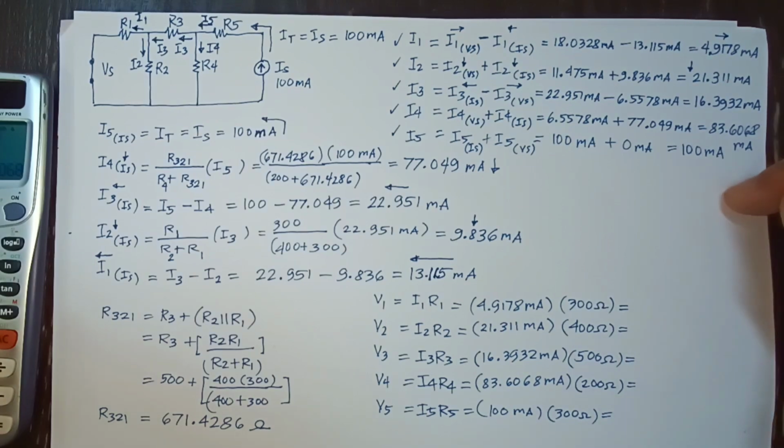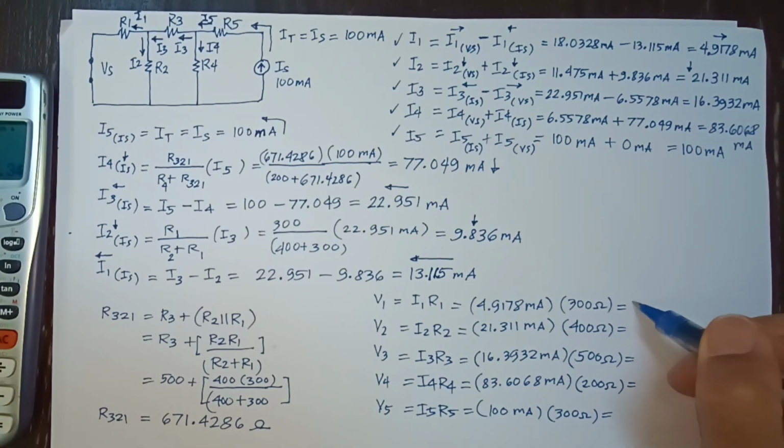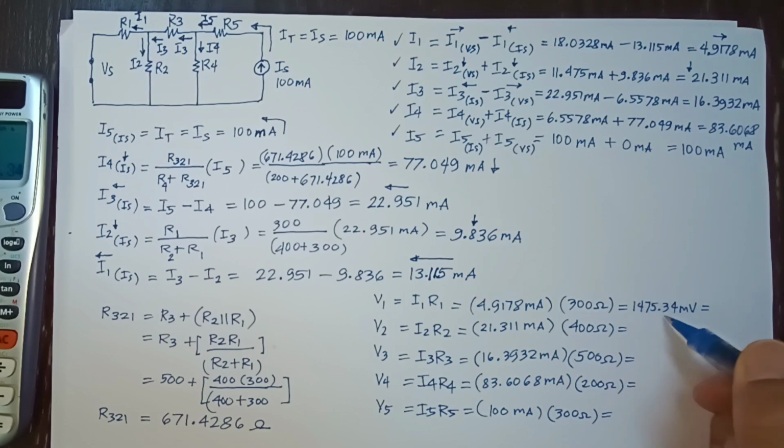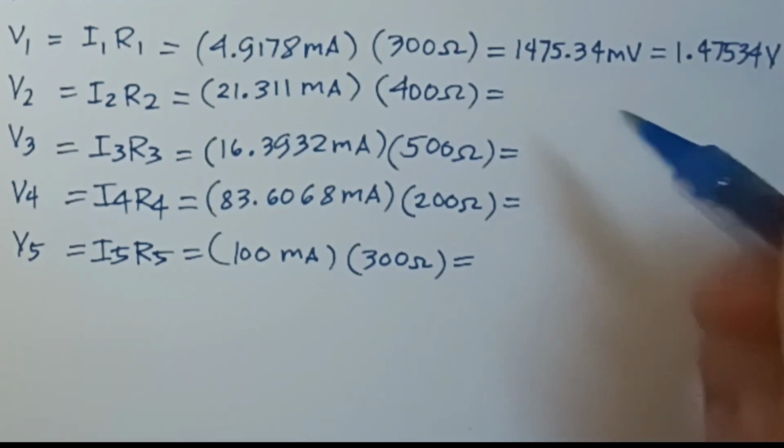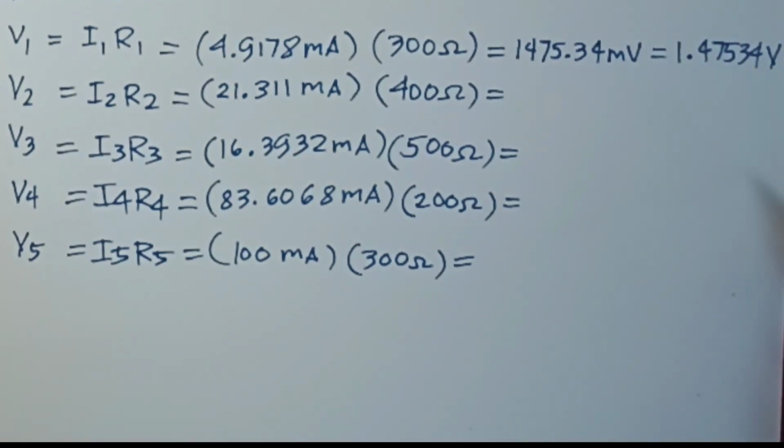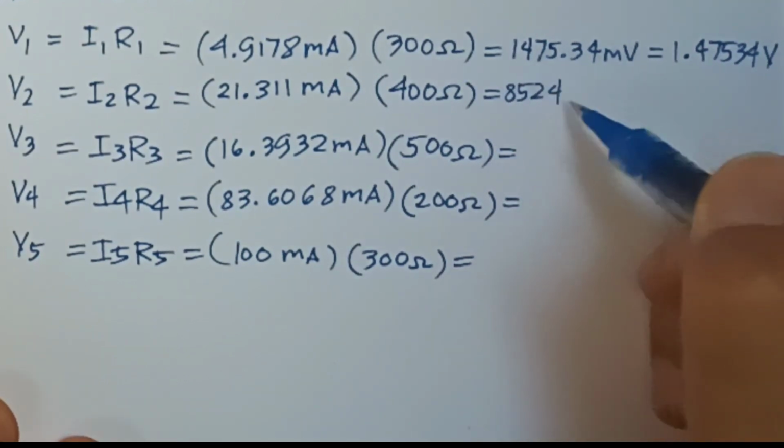Now, if you multiply milliamperes with ohms, we would get millivolts, and it will be abnormally high. Therefore, we need to divide it by 1000 to get volts. And so, the 1475 will just be 1.47534 volts instead of thousands of millivolts.